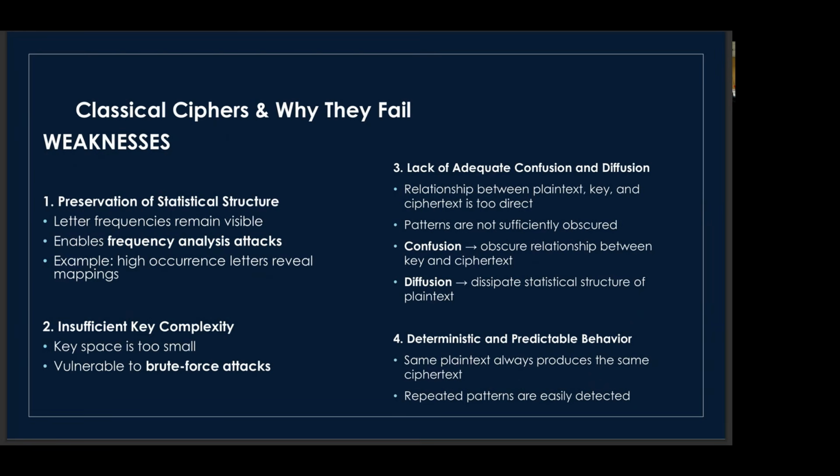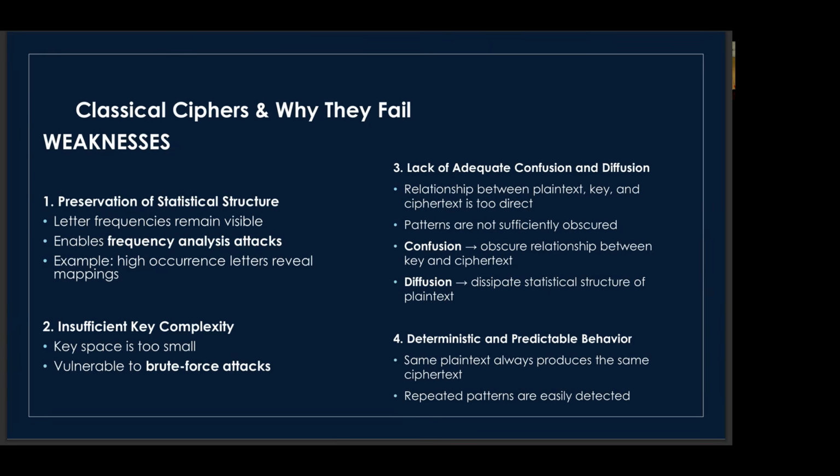High-frequency letters reveal the pattern. In English there are many frequently used letters, but in Bahasa Melayu, what are the common letters? Okay, guess. In Bahasa Melayu normally we use A, right? A, I, and so on. So this is also part of the analysis techniques using the statistical structure.